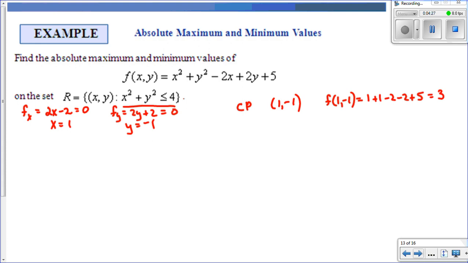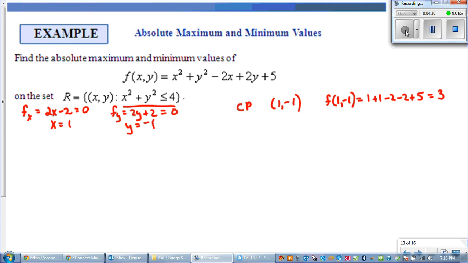Now let's look at the boundary. To look at the boundary, what we're going to do is change this function into a function with one variable. Then we can find absolute maximums and minimums. So we can do that by looking at the fact that this boundary can be defined parametrically. So we're taking a boundary that's defined right now with two variables x and y, and we can define it with one variable using a parameter.